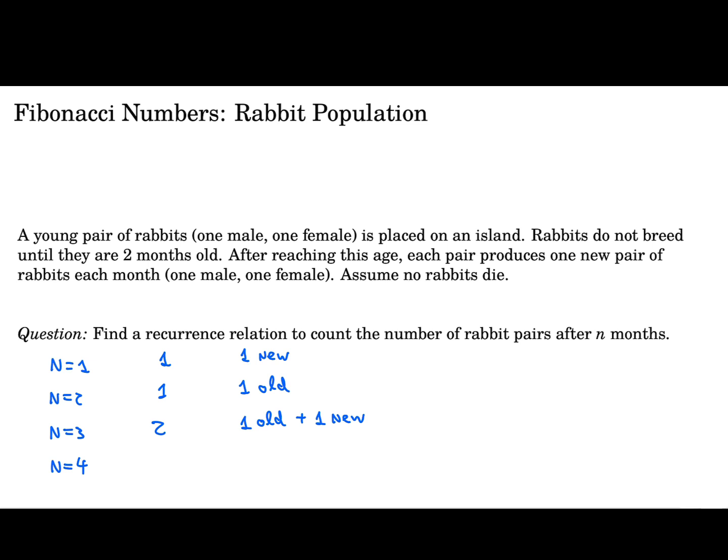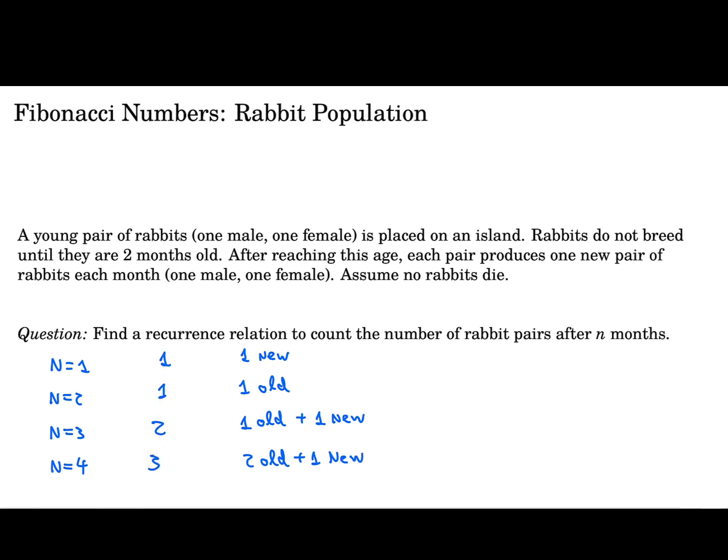The new one just becomes old, so in total you now have 3 pairs, which is 2 old, because you have the original old one and the new one that became old, but now also you have a new pair. And so on. You can continue to do this, and the question is, what does this sequence look like?